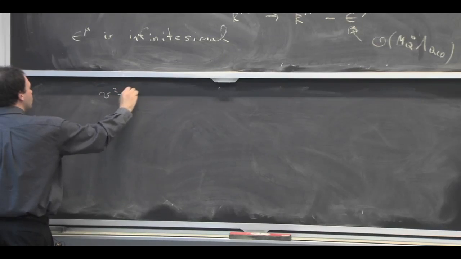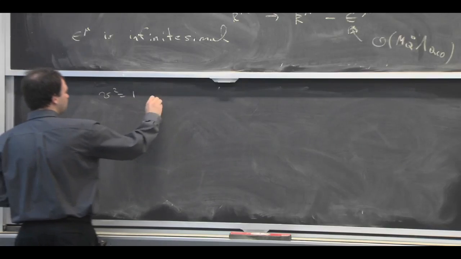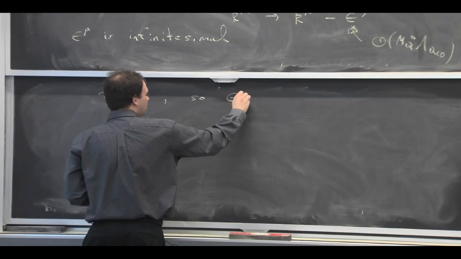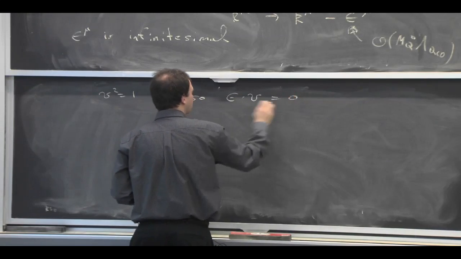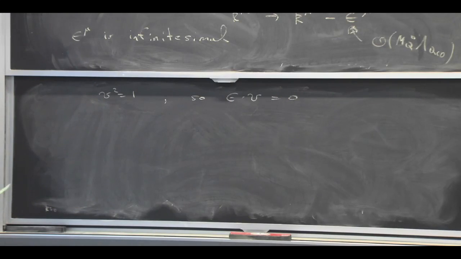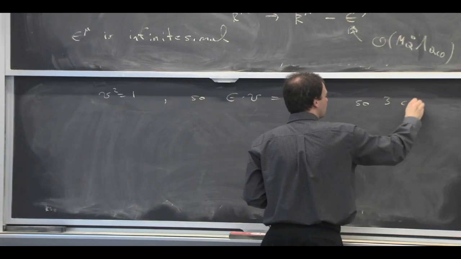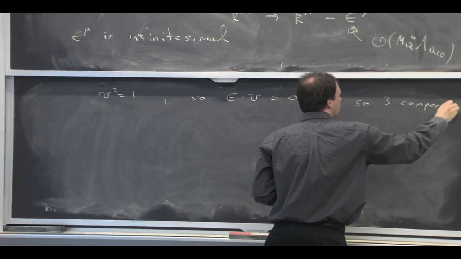Now v squared was equal to 1, and that's also something we don't want to spoil, but that's easy. We just say that epsilon dot v is equal to 0. And that maintains this condition. So that means that there's three different non-trivial components to epsilon.